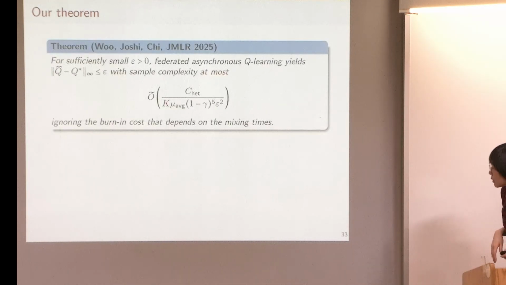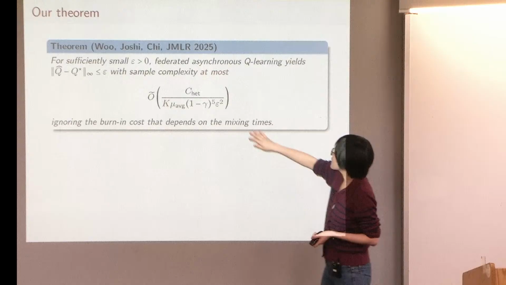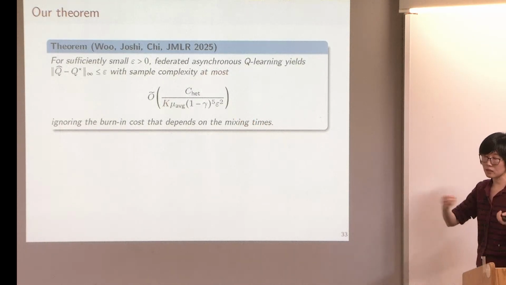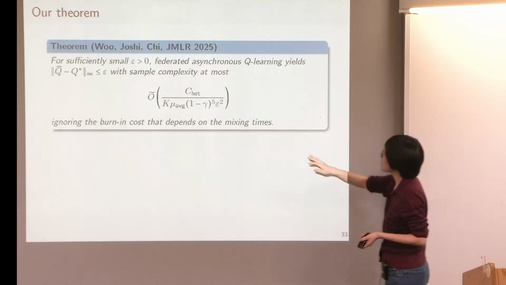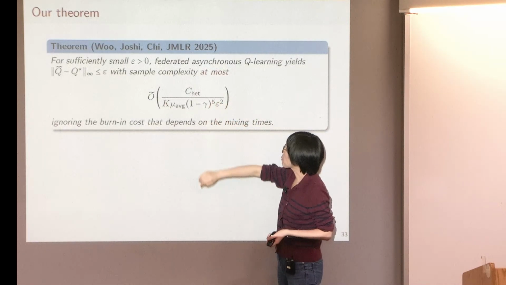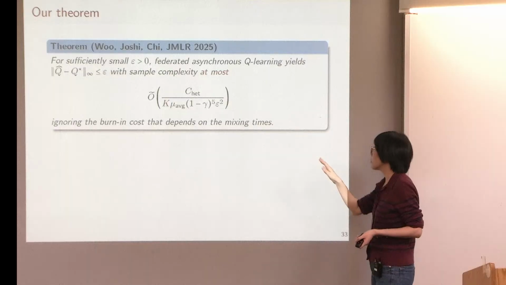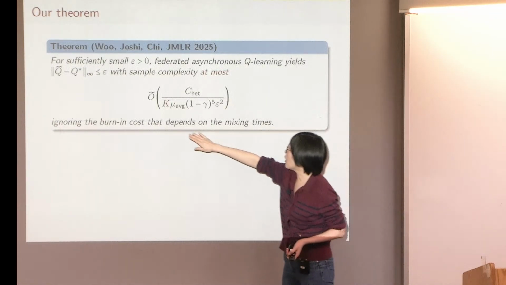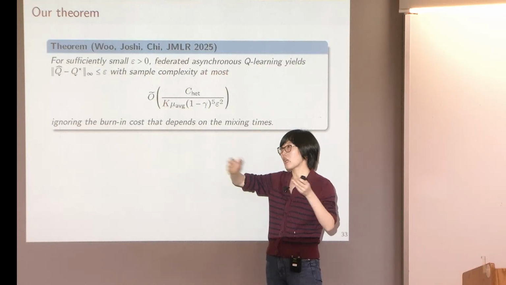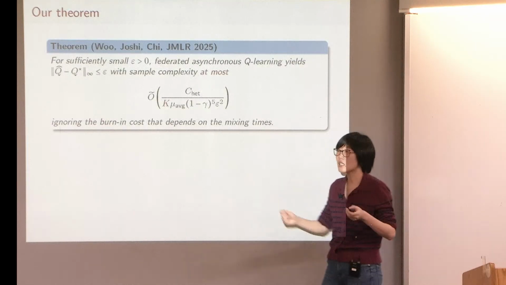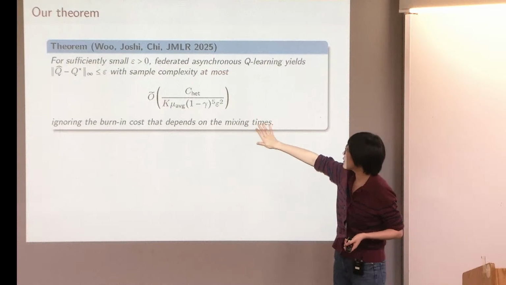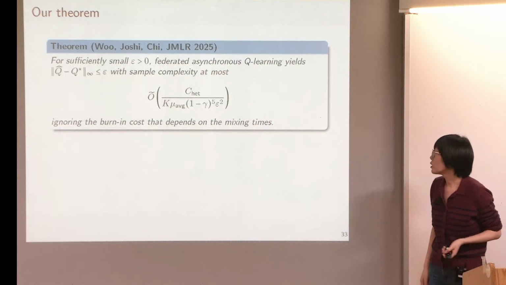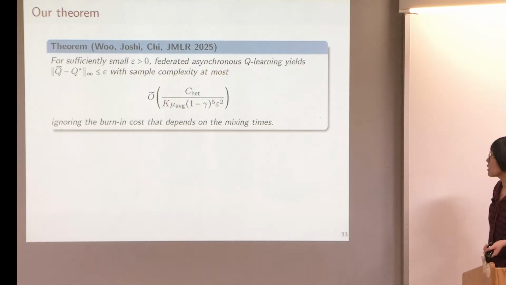With this parameter in place, the sample complexity we show in this heterogeneous case is essentially something like this. I'm also ignoring a few things like the burn-in cost, which is before everything enters the nice stationary regime. But if you care about those, we have a more complete version of these expressions in the paper.